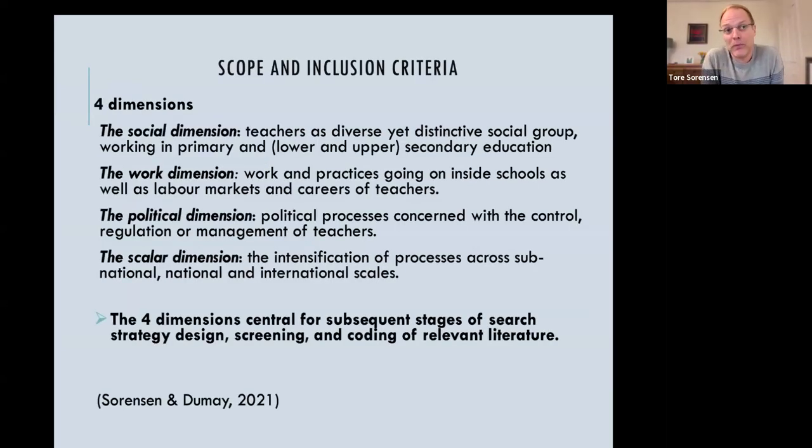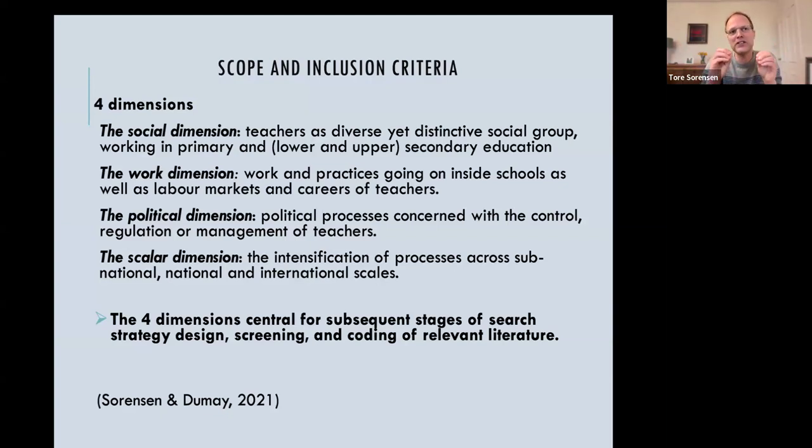For our review that I'm talking about, teachers and teaching in the context of globalization, we started out with our research objective, and then we identified 4 dimensions, asking what is it that we're interested in when it comes to this literature. We had the social dimension, a work dimension, the political dimension, and a so-called scalar or spatial dimension, because we're interested in globalization, in processes that go beyond national borders, so to say.